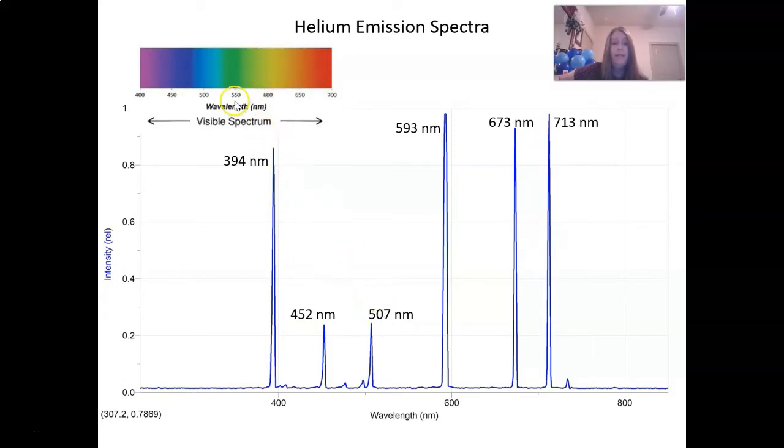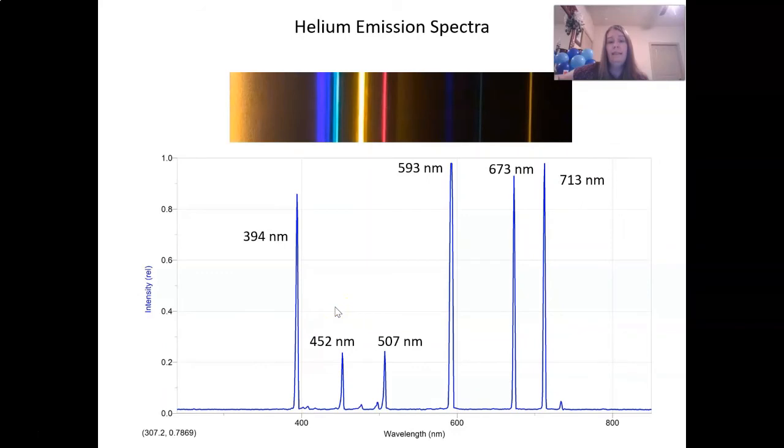And then at 507, we'd be seeing something in the blues. And possibly we might be able to see something at 452, but again, those are not anywhere near as bright as the red and the yellow line. So red, yellow, kind of maybe a greenish blue, and a blue.